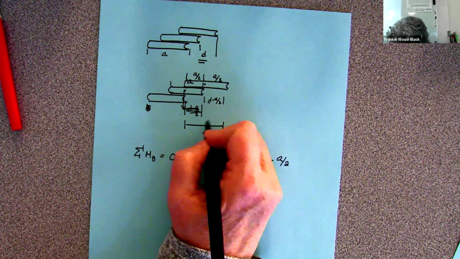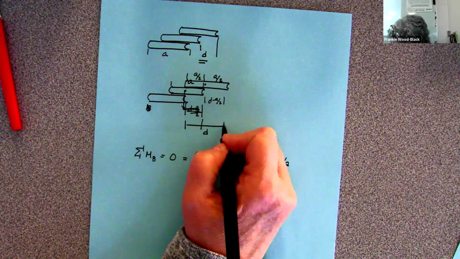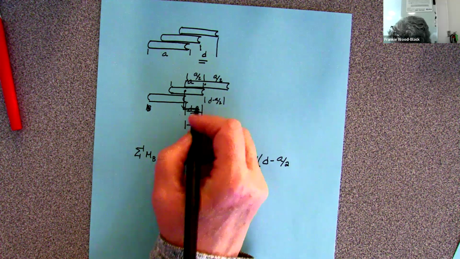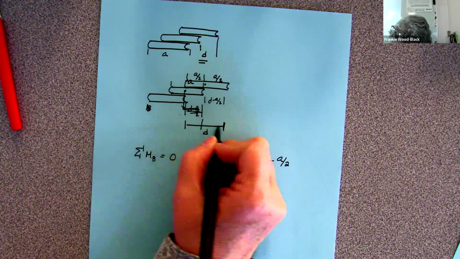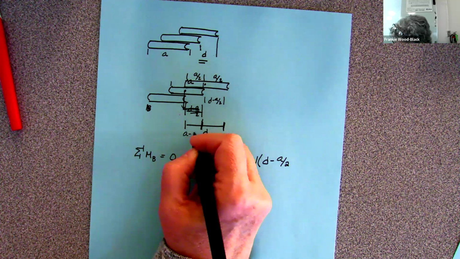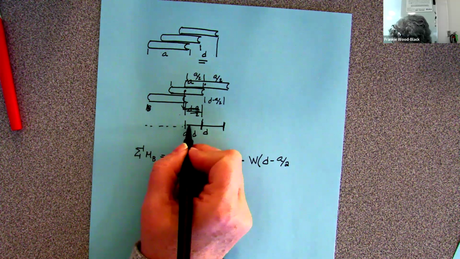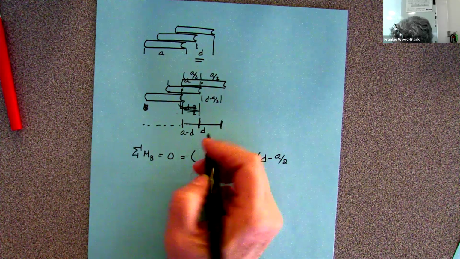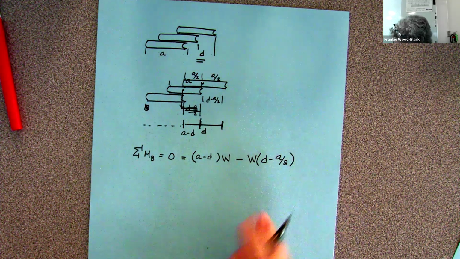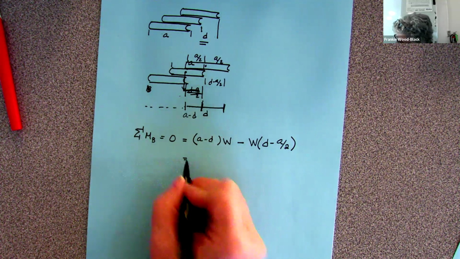And this gives us D, and then this gives us A minus D, if I'm doing it from here. And then we solve for D.